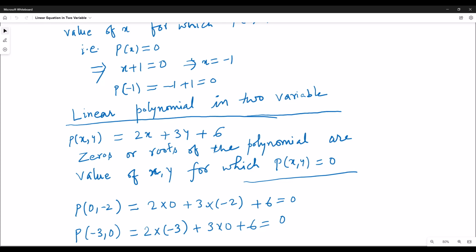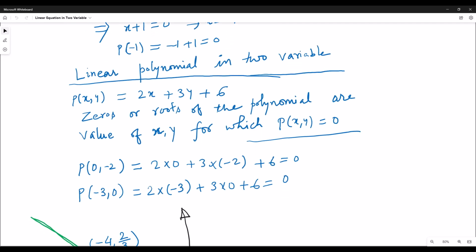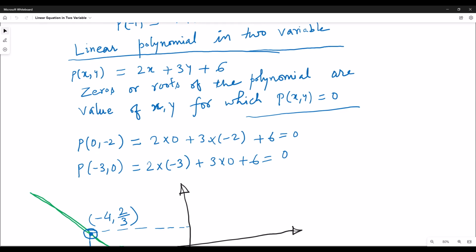So the zeros or roots here will be a pair of numbers, x and y, for which this will be 0.